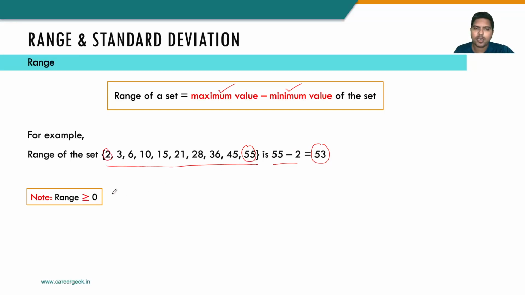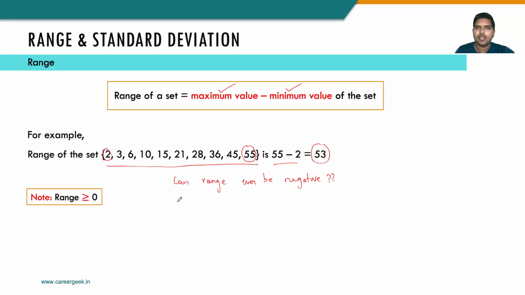Right? So one important thing is I want you guys to think about range. Can a range of any set ever be negative? You can pause the video, think about it. So here range is always greater than or equal to 0.